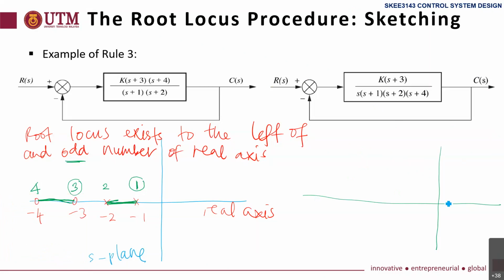We have a pole at 0, a pole at minus 1, a pole at minus 2, a zero at minus 3, and a pole at minus 4.